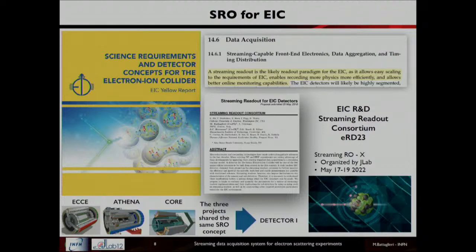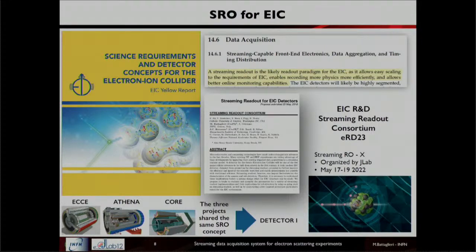I think that the physics case was approved, and the process to have it done is on its way. But it's clear that the data acquisition will be streaming. This is quite well defined. And the 3 possible collaborations that are now trying to converge in a single detector all adopted in some way the streaming readout concept.